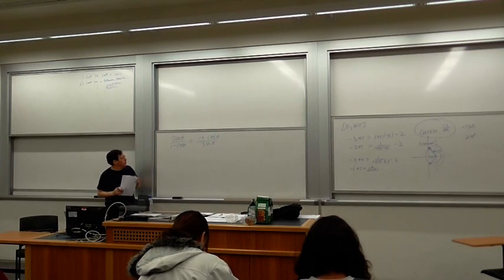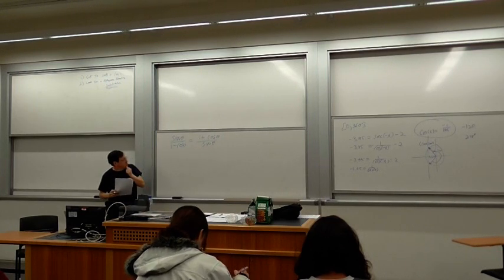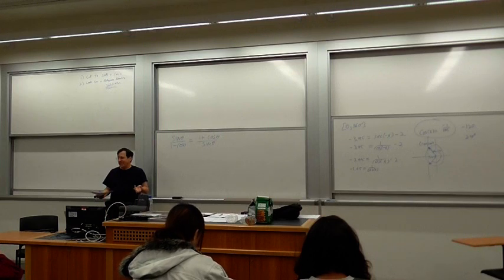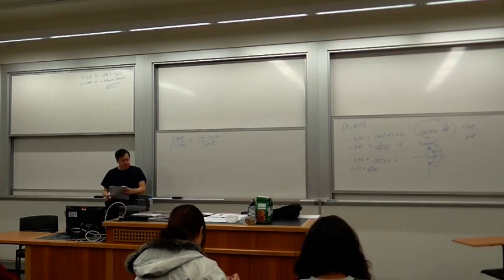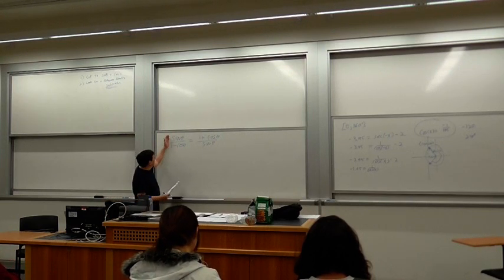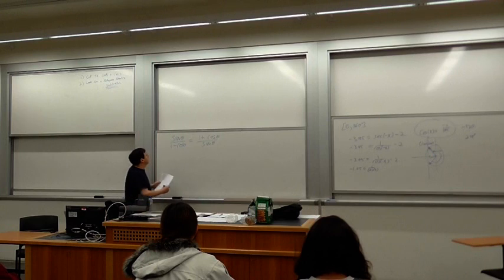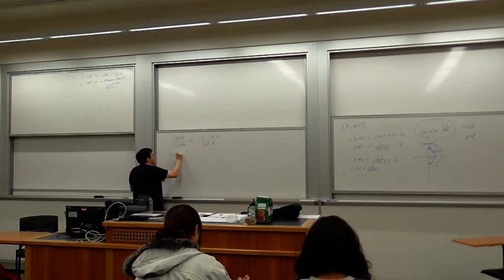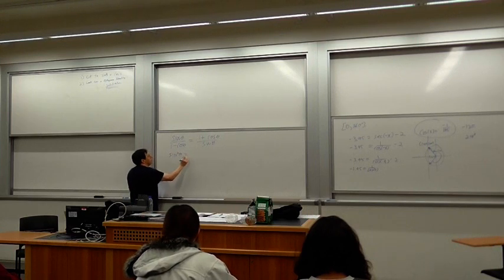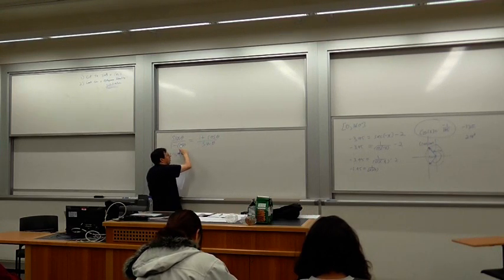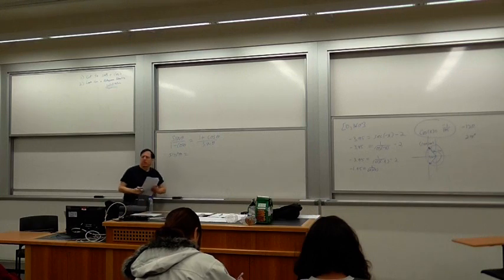I want to show that this is correct. So here's how I'm going to do it incorrectly. If A over B equals C over D, then I can cross multiply, right? So I'm going to say sine times sine, that's sine squared theta, equals 1 minus cosine times 1 plus cosine.